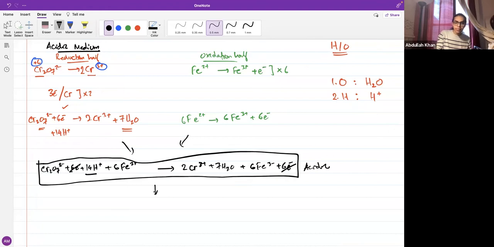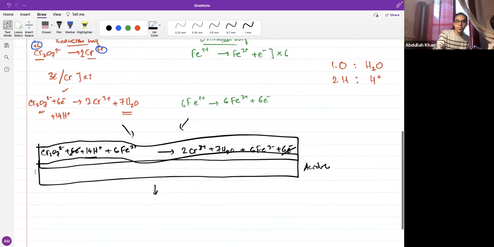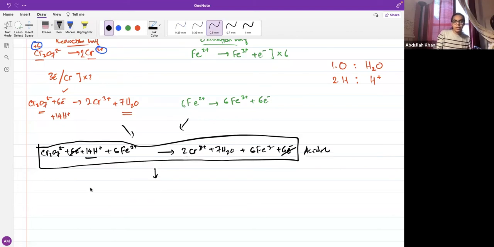In basic medium, there's one thing that changes. And the one thing that changes is that anytime you see an H plus anywhere on the reactant side or on the product side, it needs to get neutralized because H pluses don't survive in basic solutions.